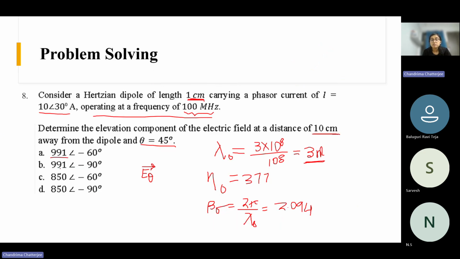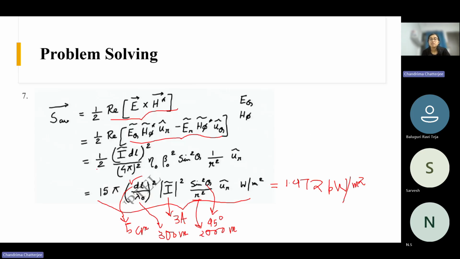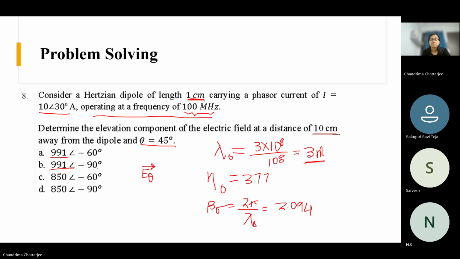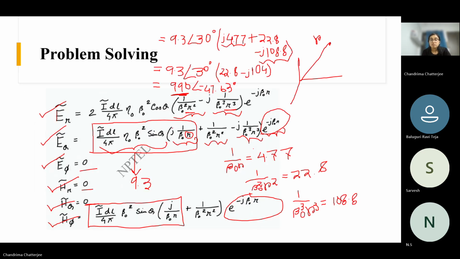But we have two options. One is minus 60, one is minus 90. So we will have to calculate the phase also. Okay. So this is the phase, but we also have e to the power minus j beta naught r. This term also we will have to consider. And 0.94 times r was 10 centimeter.